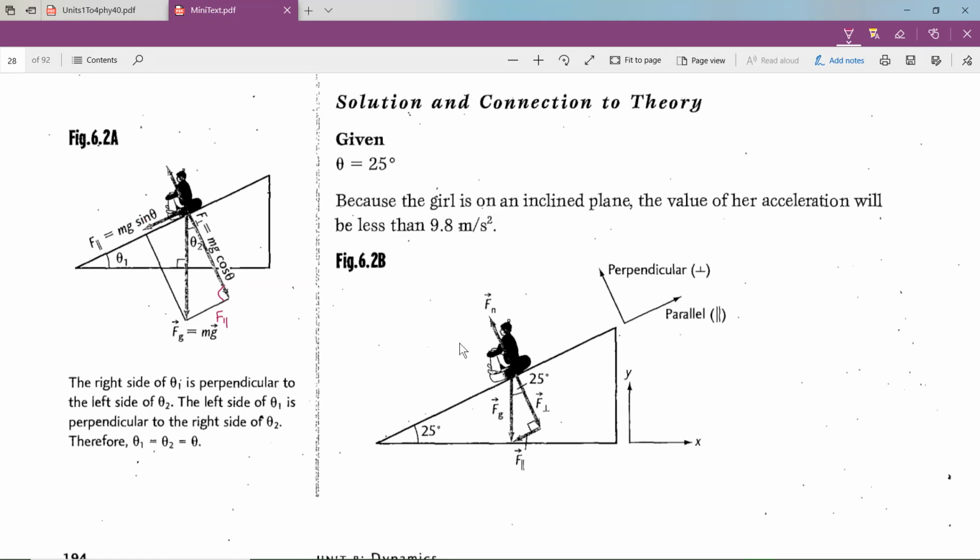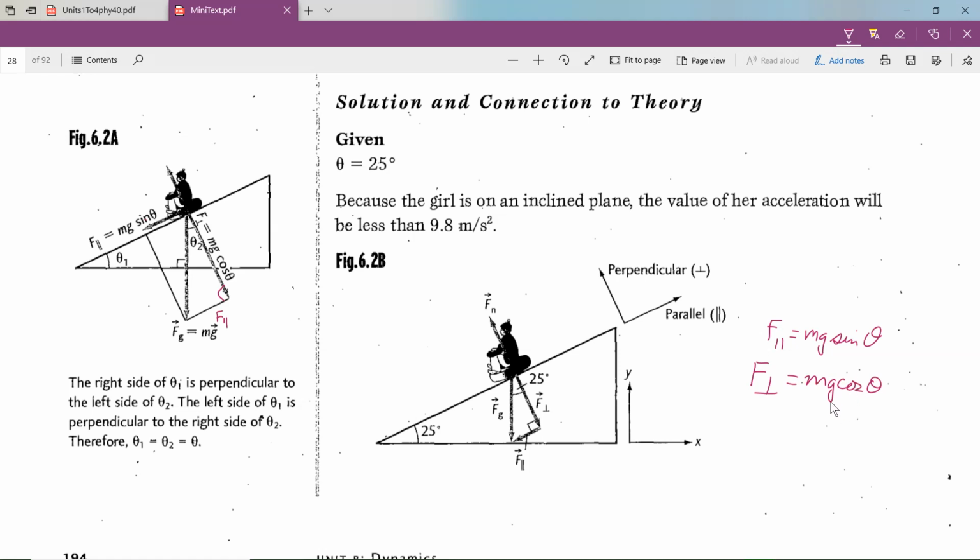So another way, if you don't want to keep redoing similar triangles all the time, is just, I like it like this. F parallel is mg sine theta because you're sliding down the slippery slope. So that's my parallel component of gravity. And my perpendicular component then is the other trigonometric function we've been using. Well, we'll be using tangent, but cosine.